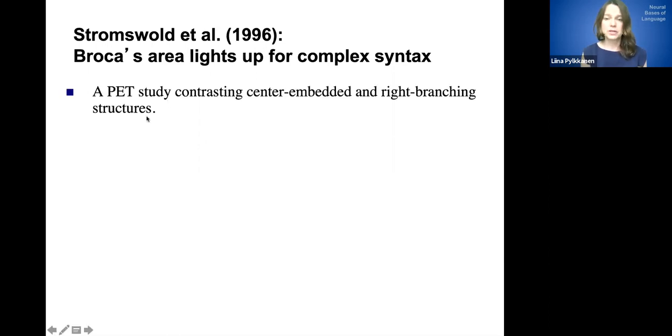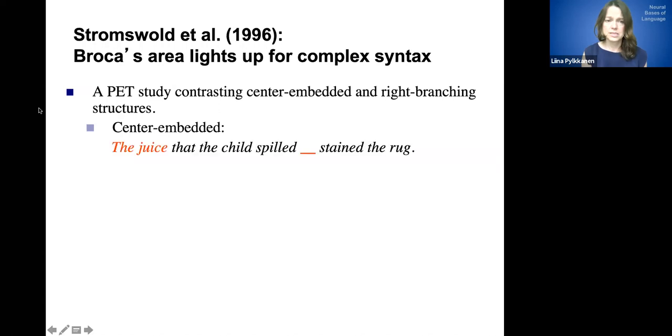Specifically, they used center-embedded versus right-branching structures. I will try to give you the idea behind these constructions without getting into any gory details. Here's an example of a center-embedded structure: "The juice that the child spilled stained the rug."